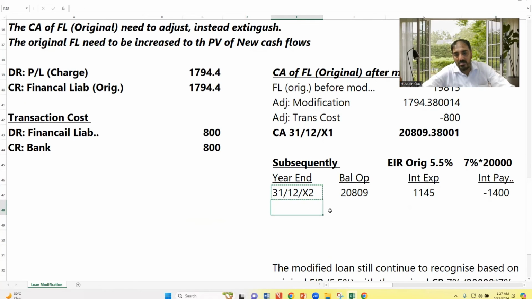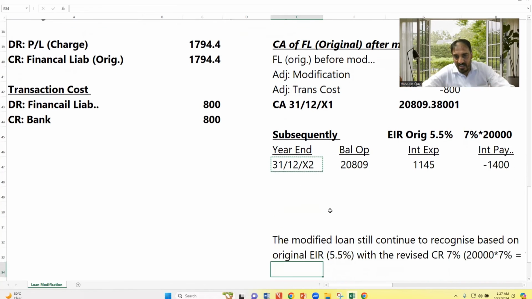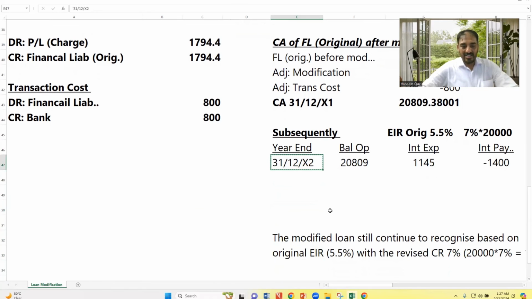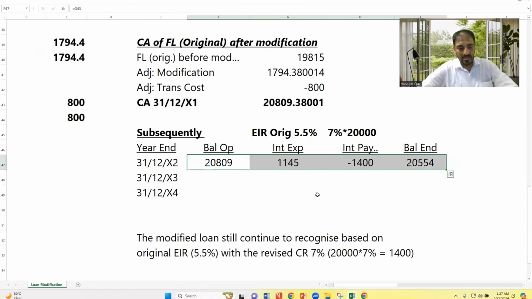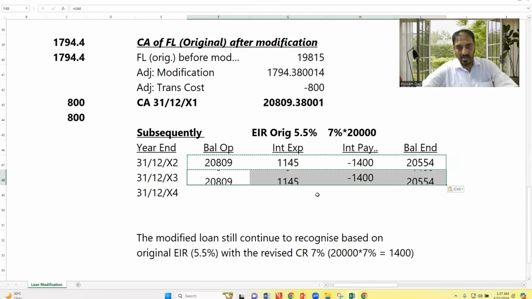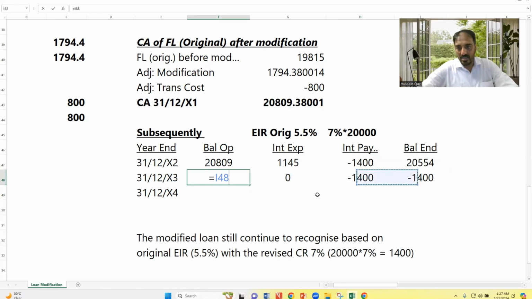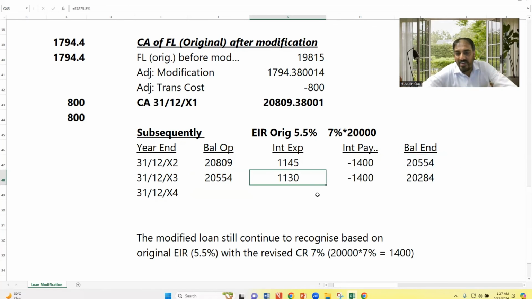If you want to know further, you can work out accordingly. That is 3. That is 4. It's not the exam point. That is the opening balance, interest expense 5.5%, that's 500, with the remaining 3 years now.